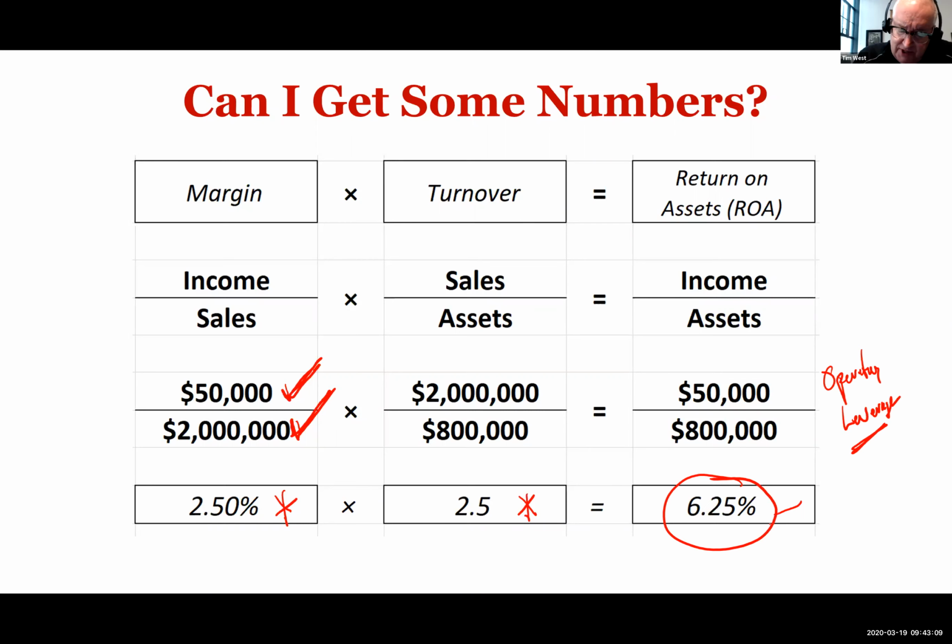Now, one other thing that we might think about when it comes to this percentage is how that compares to the company's risk. Because that 6.25% may be good, but depending on the risk of the company, that may or may not be good.